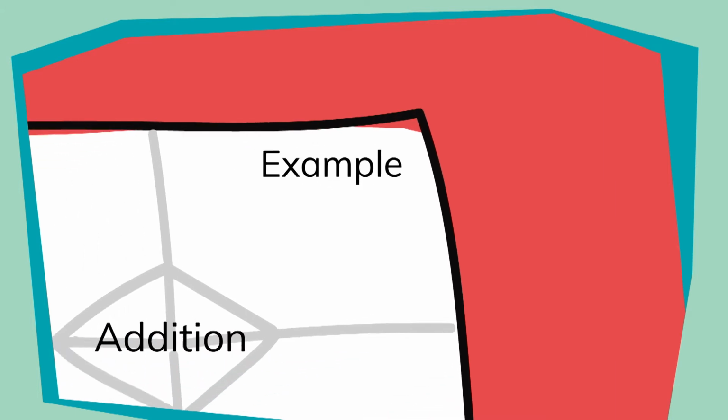So let's write example here. Then in the lower left rectangle, we'll provide a non-example, or what addition is not. So let's write non-example here. And finally, in the lower right rectangle, we'll draw a picture to help us visualize what addition is. So let's write picture here to remind us of what we're supposed to do.